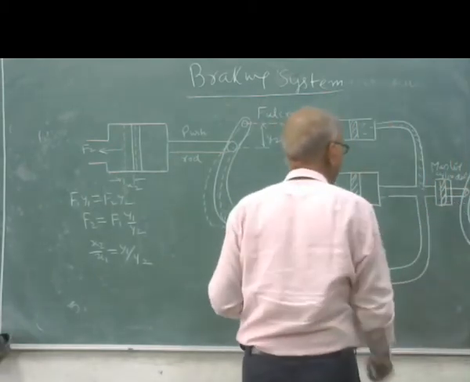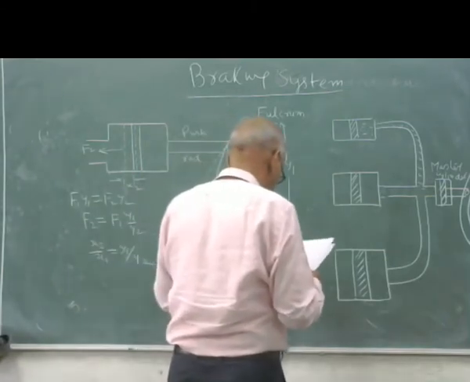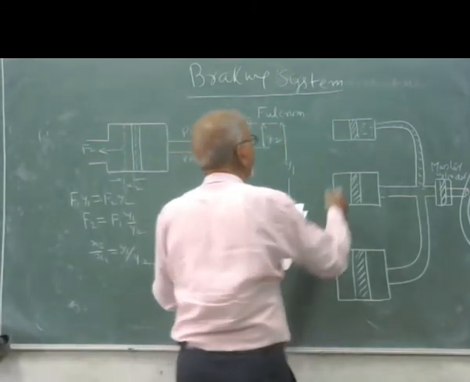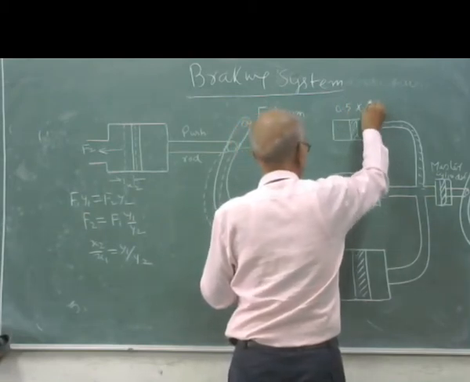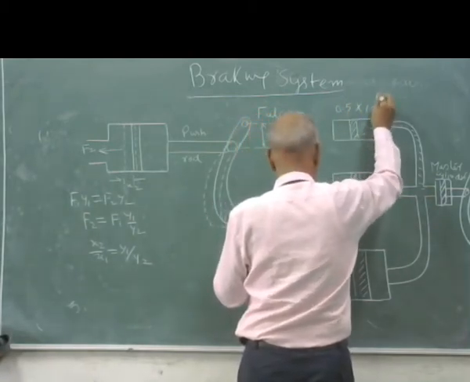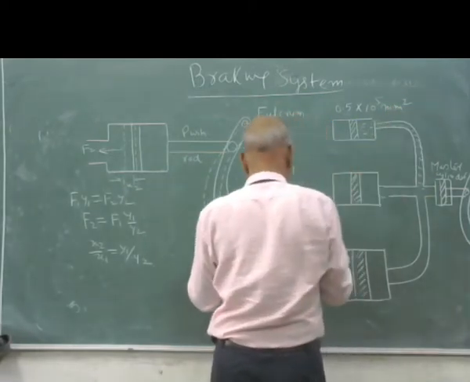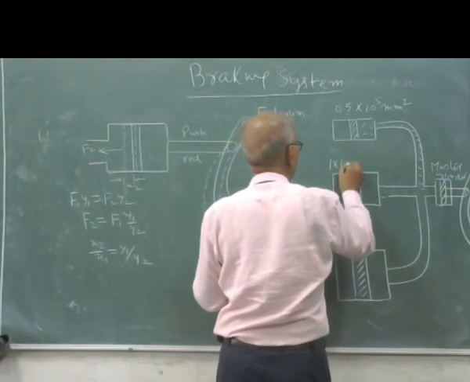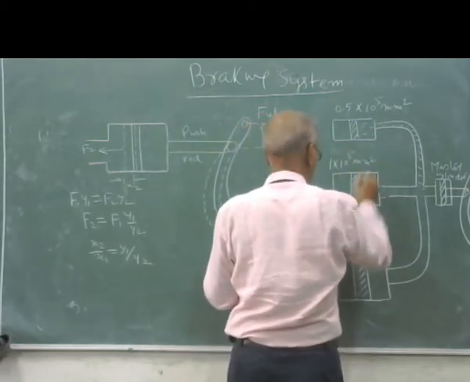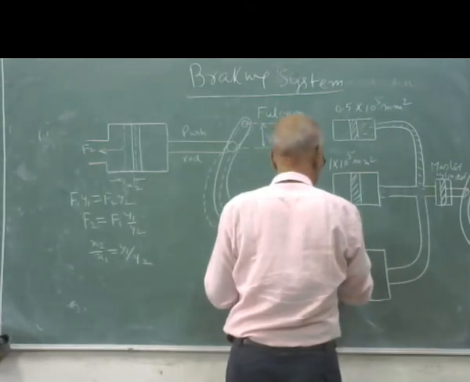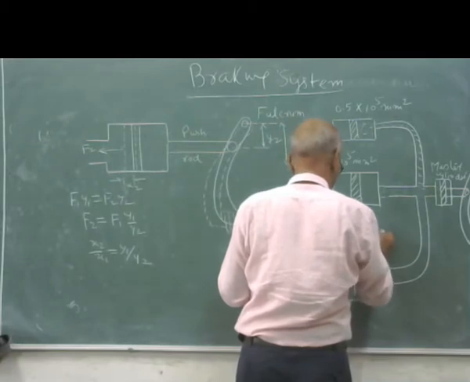These are the three cylinders which have got different areas. That is 0.5 into 10 to the power 5 mm square, 1 into 10 to the power 5 mm square, 2 into 10 to the power 5 mm square.